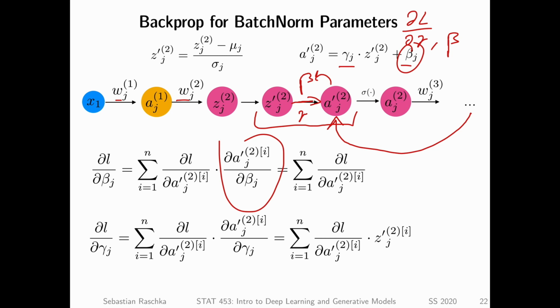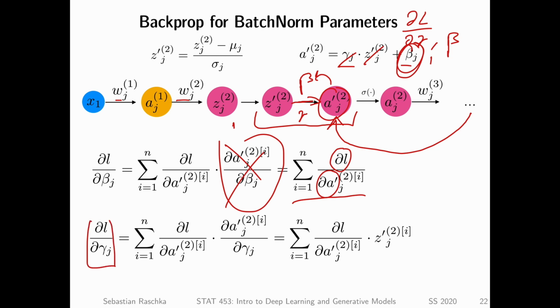If we compute the derivative with respect to beta, all the other values are constant, so they cancel, and beta becomes 1. So this whole term becomes 1, and we can cancel it, such that the derivative is simply the derivative of the loss with respect to this pre-activation. Okay, that was pretty simple for beta.